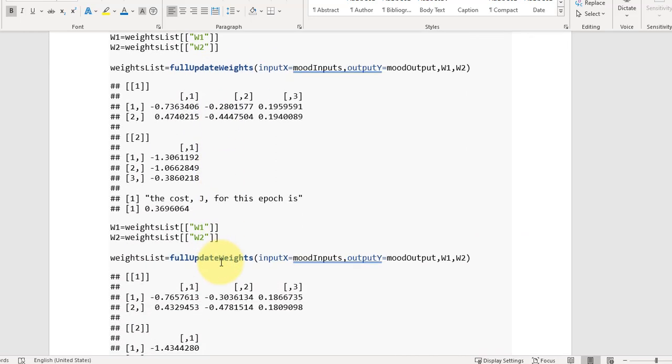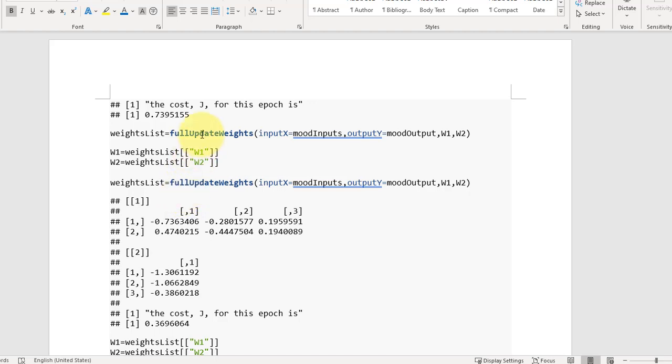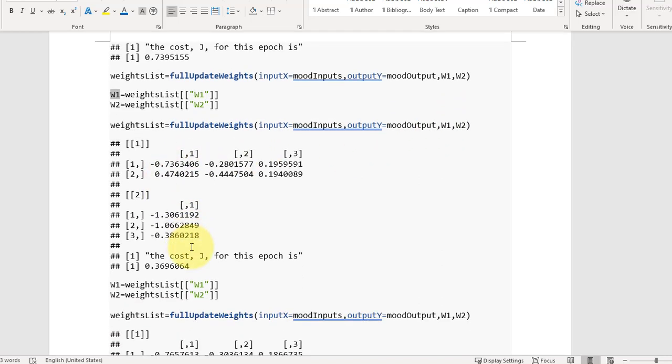And then we run it again. And each time, by the way, after we run full update weights, we set the results into here, and then we have to use those to update the weights, W1 and W2. Then we run it again with W1 and W2, and so we update the weights again.